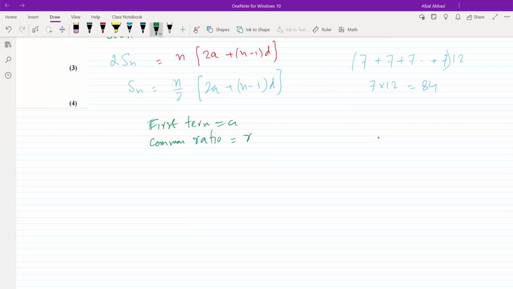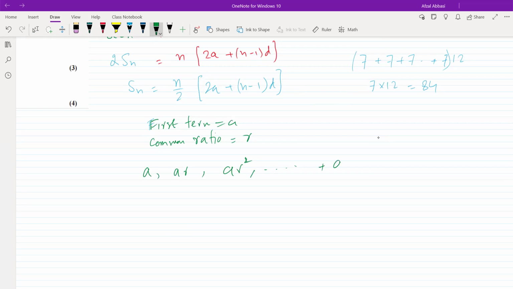So r is the common ratio. So what are the terms of the sequence then? First term is a. Second term will be a times r, ar, ar squared, and so on it goes. And we want to find the sum of n terms.